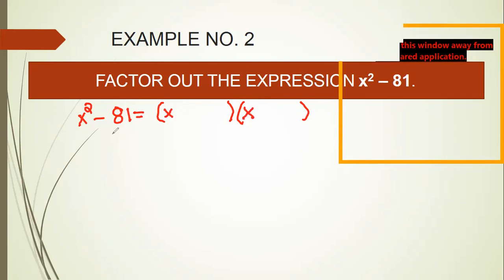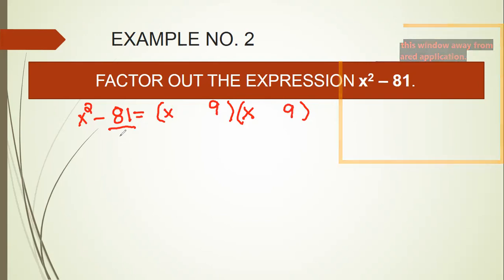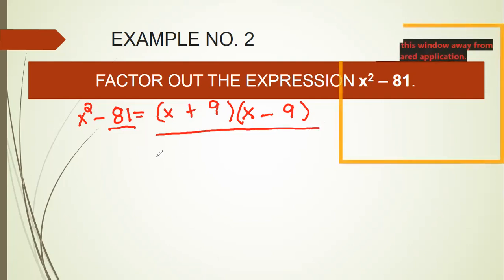How about 81? What are the factors of 81? That's both 9, because 81 is a perfect square number. So this is a difference of two squares, so one has to be positive and the other one has to be negative. Is this the answer?